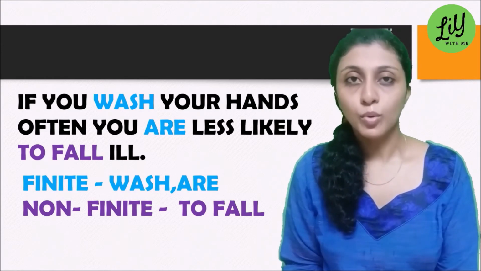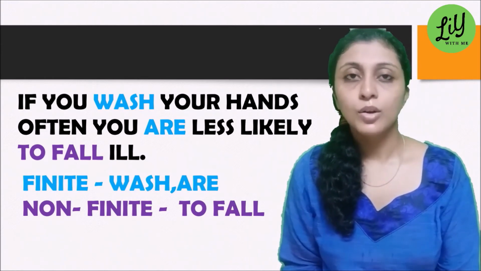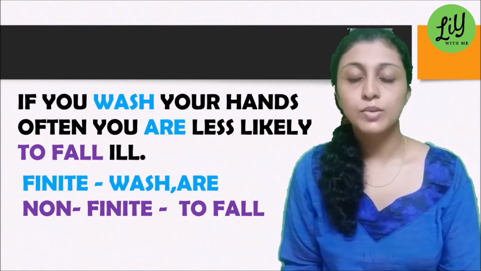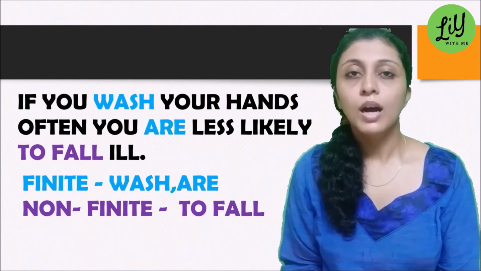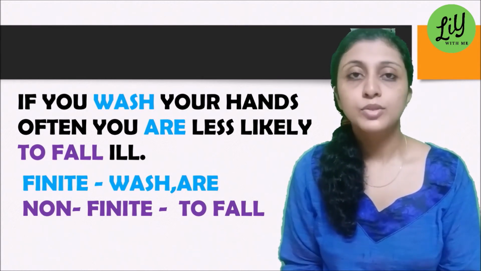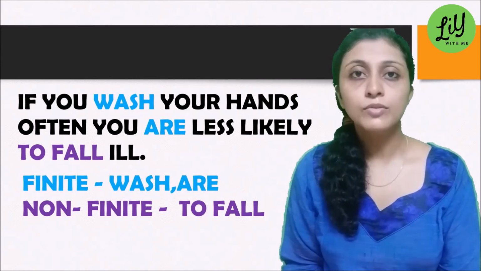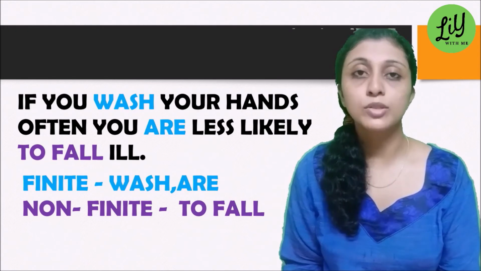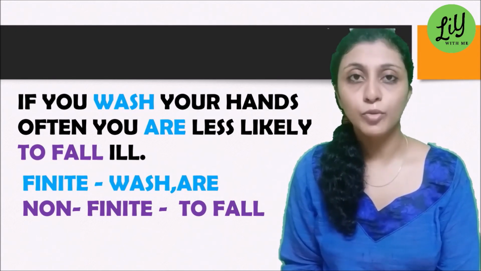So you are. Are is again another finite verb. And to fall. To fall is a non-finite verb. It is in the infinitive form as we've got to with the verb fall.